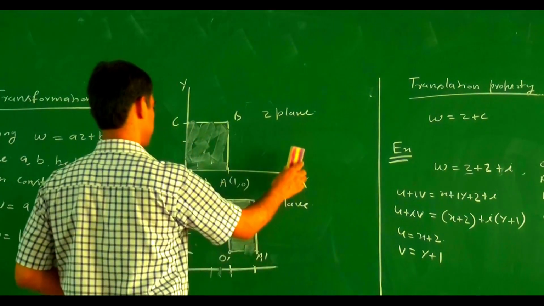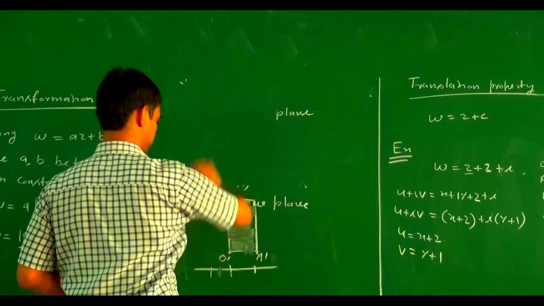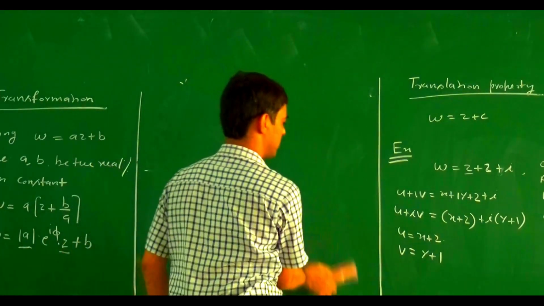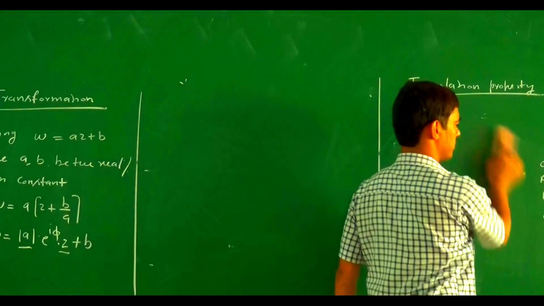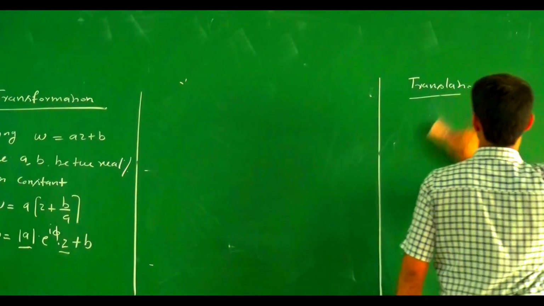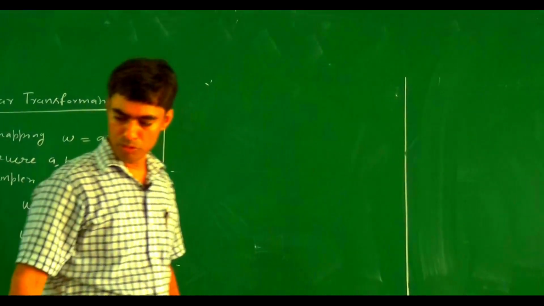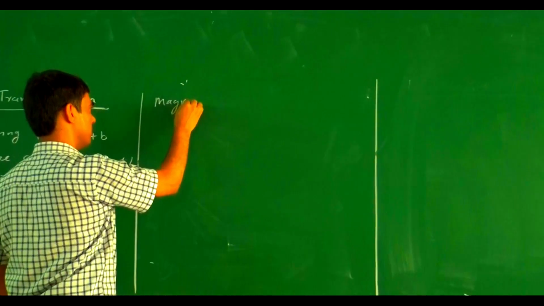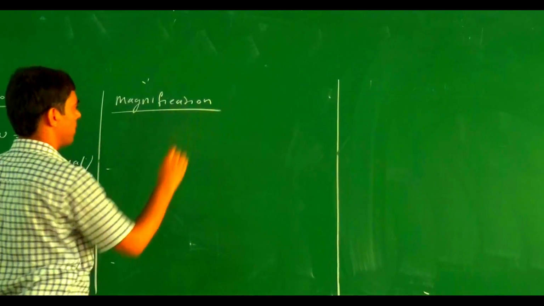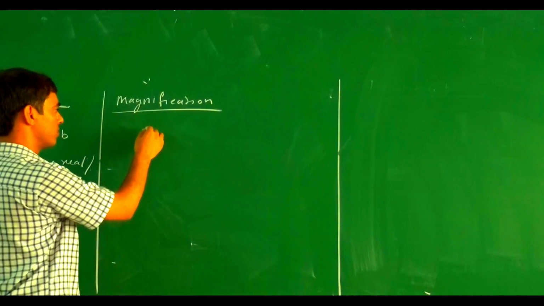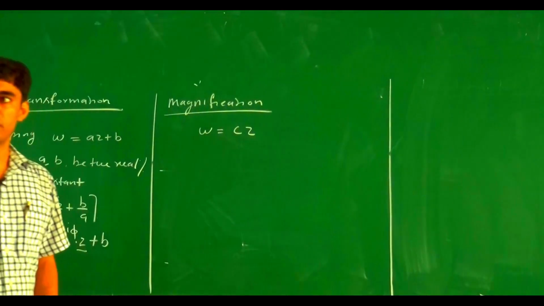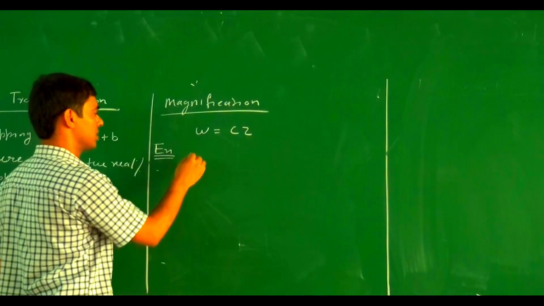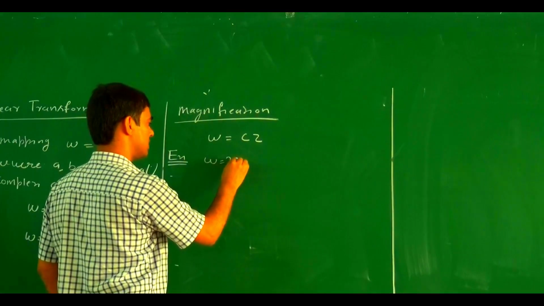Similarly, there is magnification. These are the very basic concepts for the study of bilinear transformation. If we talk about magnification, suppose the mapping is W equals twice z.